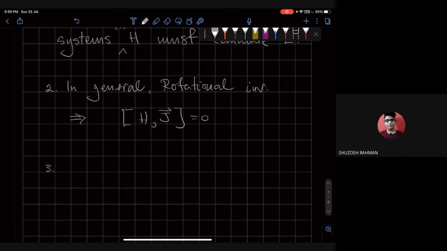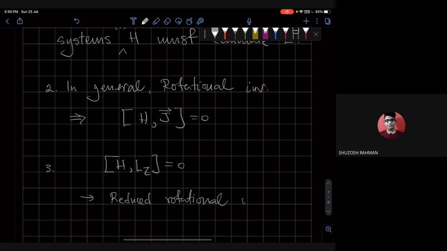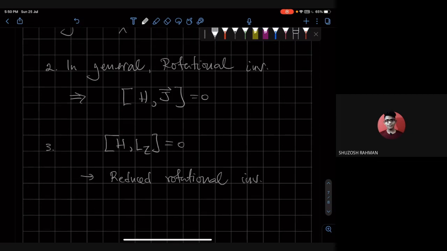For example, if the system has rotational invariance in the xy plane, then it'll just rotate around the z-axis. It'll just satisfy this. So this is a reduced rotational invariance, or rotational invariance in the xy plane.